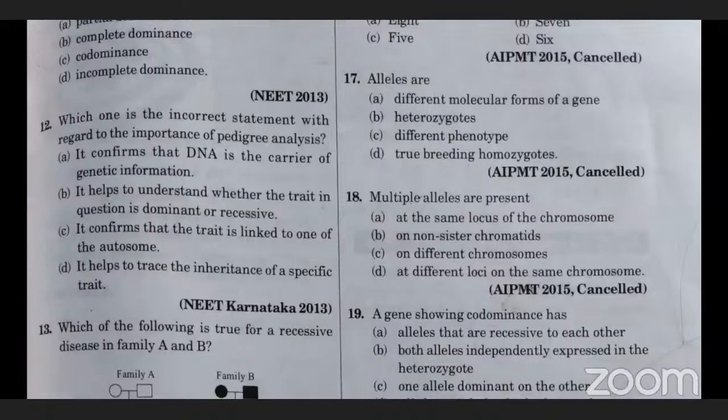Just now I told you DNA is the carrier. While the mating process occurs between a normal male and female, if the progeny is affected by a particular disease, it means the grandfather or grandmother may be a carrier.